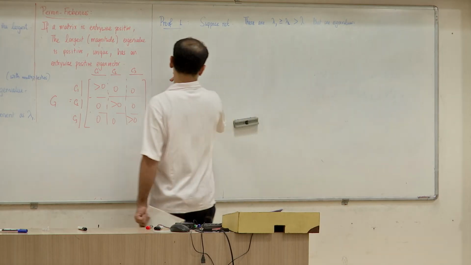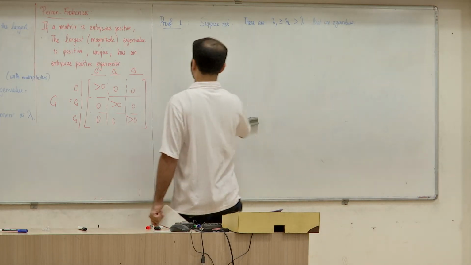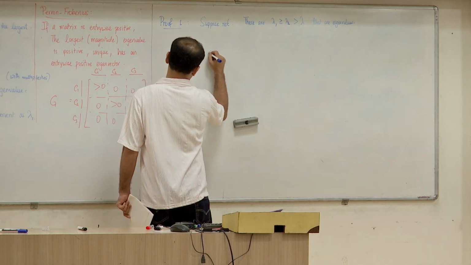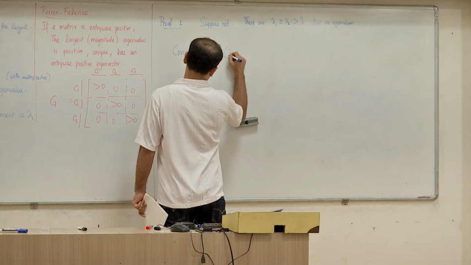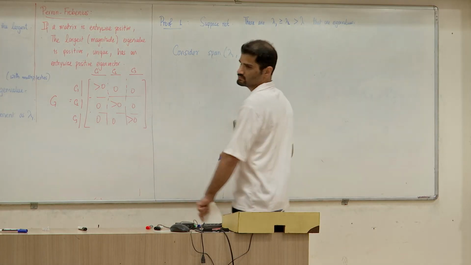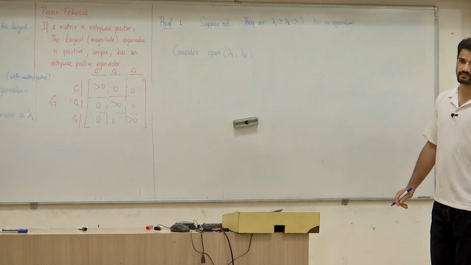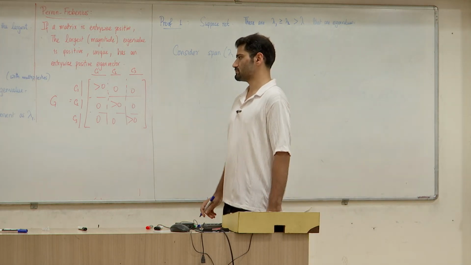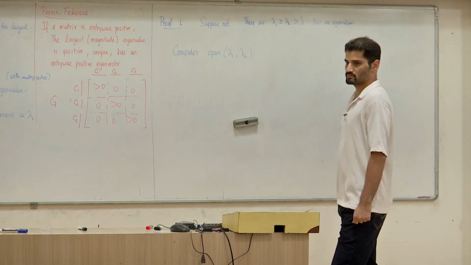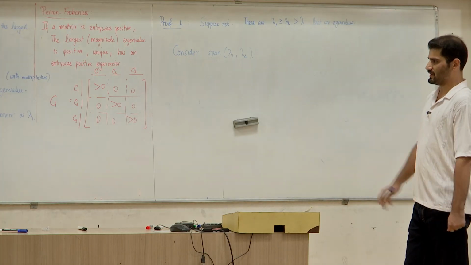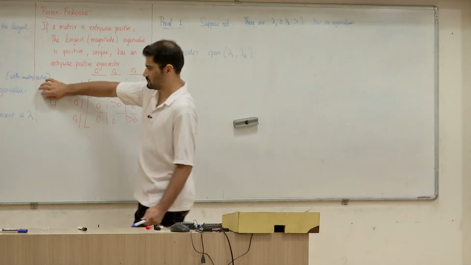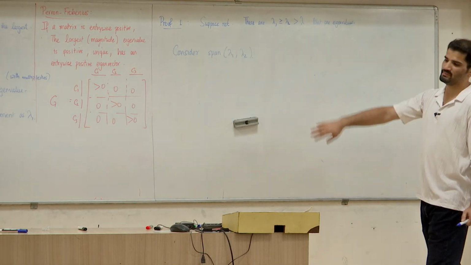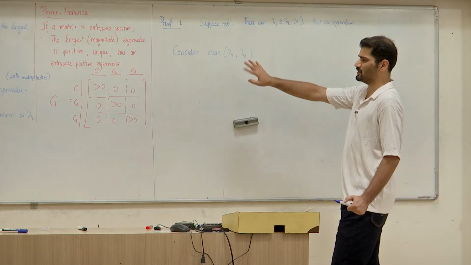So consider the span of lambda 1 and lambda 2. Yeah. When you are done, what you also show is that lambda 1 has multiplicity 1. Yeah, that will come in claim 2. Actually, it will come right now.